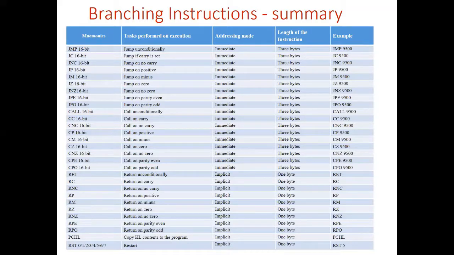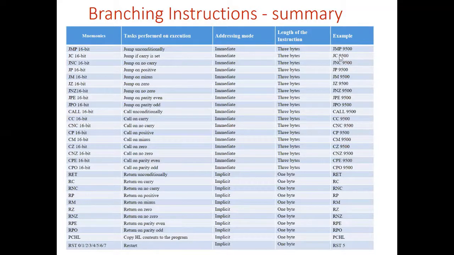The microprocessor executes the jump instruction based on the condition of the flag. For example, JC 9500, it is written JC 9500. That means jump on carry. So if the carry flag is set, then only jump to this memory location. Otherwise, you don't need to jump. So it is based on the carry status.